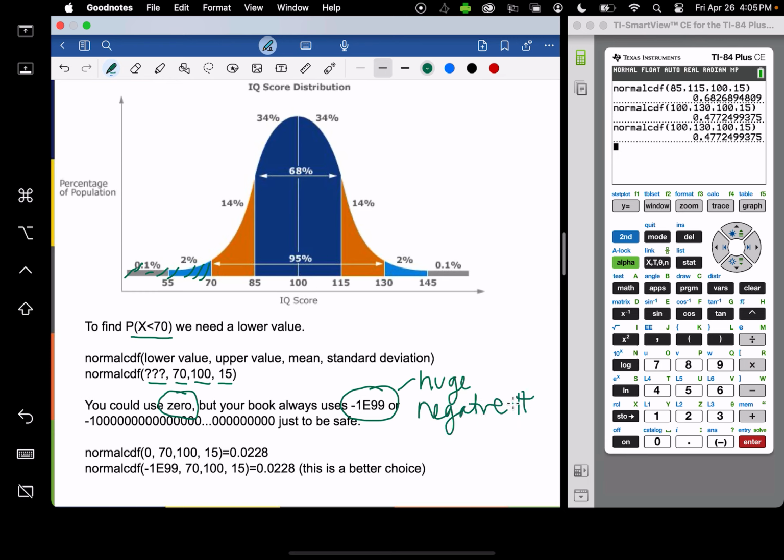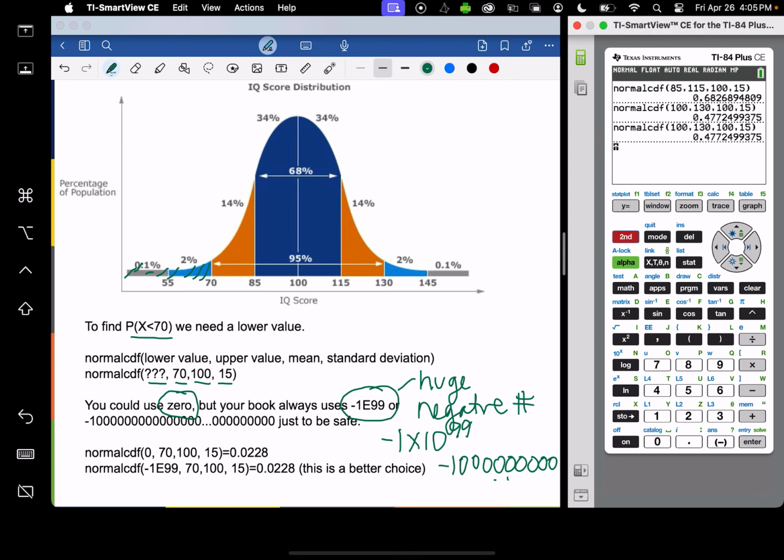So if you're paranoid and you want to have the absolute best possible option, this really means negative 1 times 10 to the 99th power, which means negative 1 with a bunch of zeros behind it, 99 zeros. I'm not going to write them all out. And so let's go in and do that.